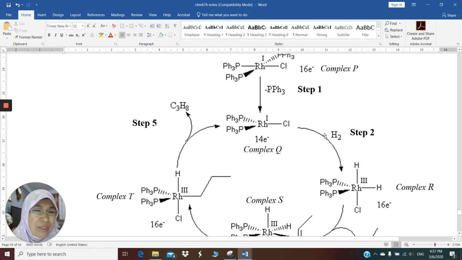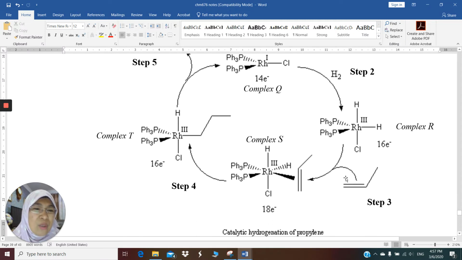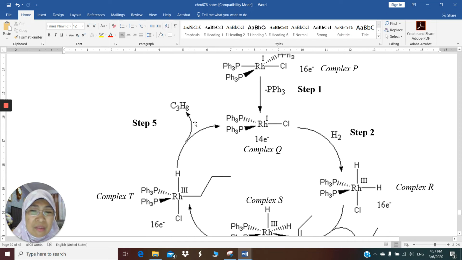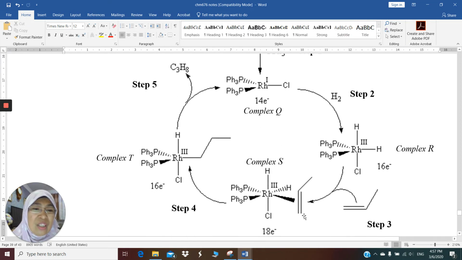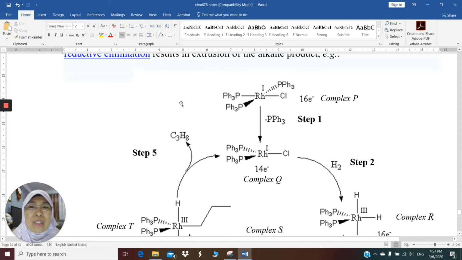So complex Q can then go on and take one more hydrogen, take one more propene, the intramolecular hydride transfer will occur and reductive elimination. So all your propene will become propane.